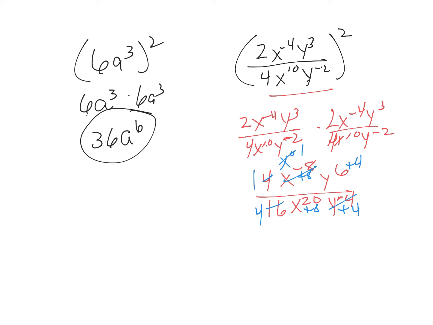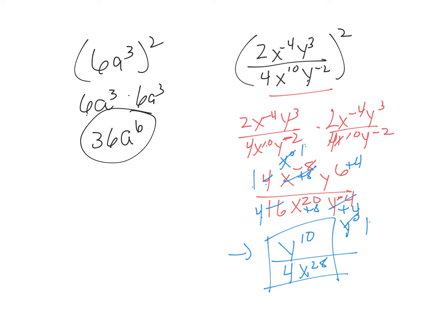And the reason, again, I'm going to add that is because I want it to become y to the power of 0, which becomes 1. So to simplify, I have 1 times y to the power of 10 over 4 times x to the power of 28, and y to the power of 0, which is 1. And so we are finished.